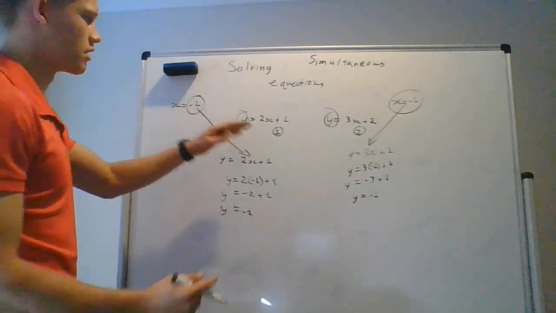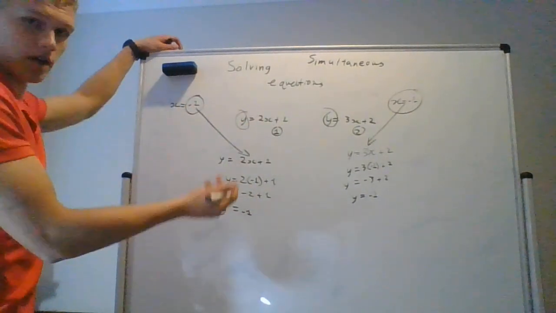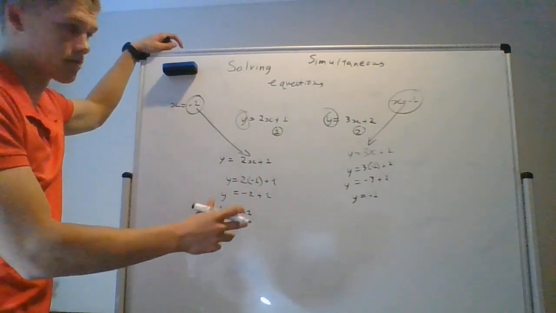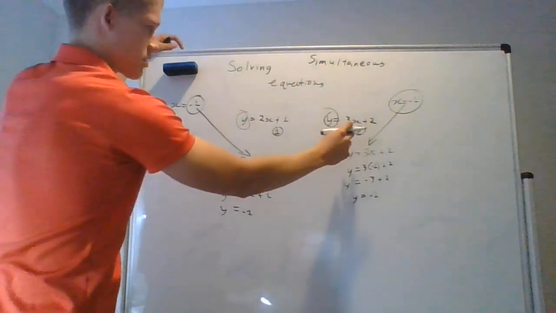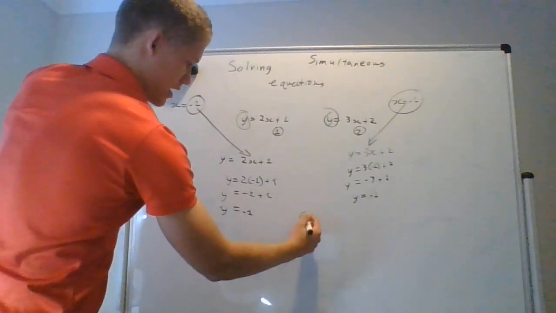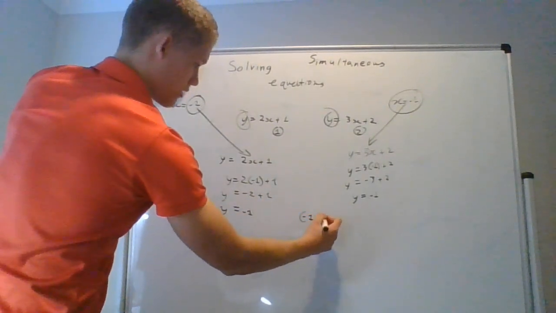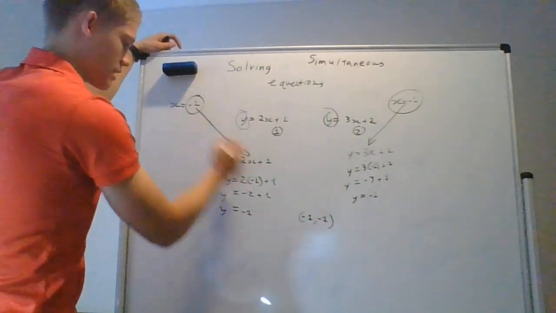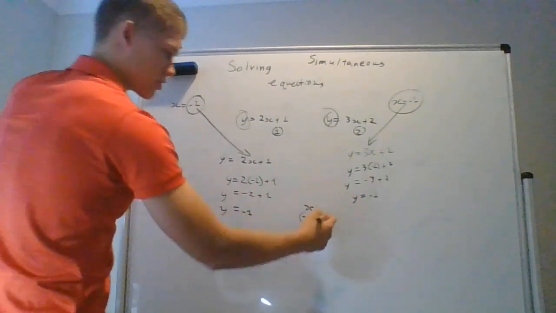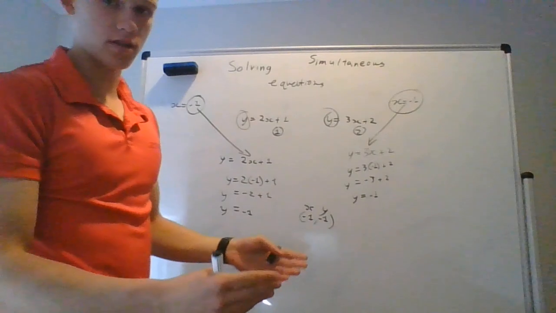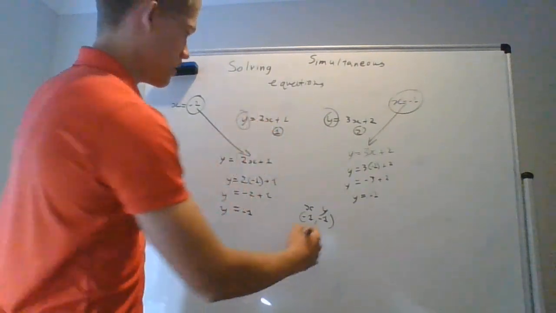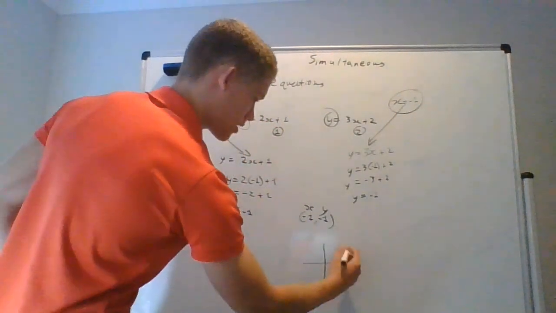So these two graphs, trying to graphically show it to you what this is saying. So this graph and this graph will cross each other at negative 1 and negative 1, because x is negative 1 and y is also negative 1. So these two solutions are where these two graphs basically cut each other.